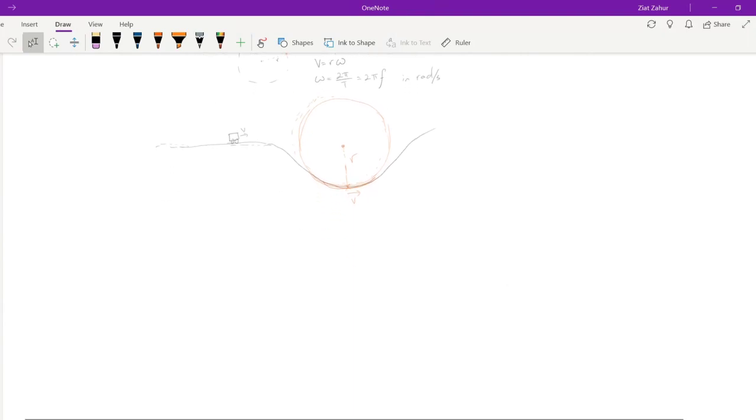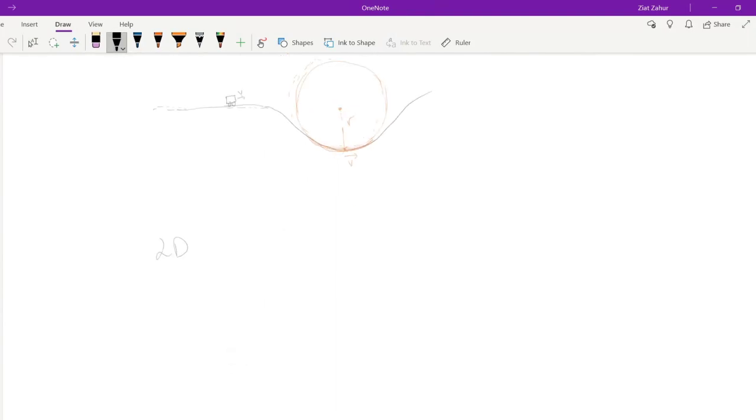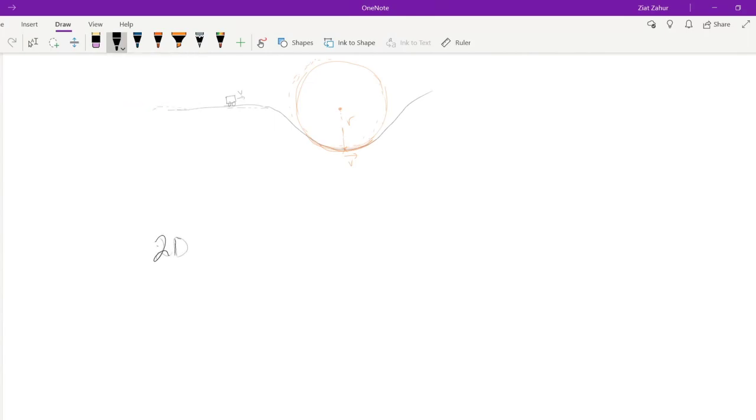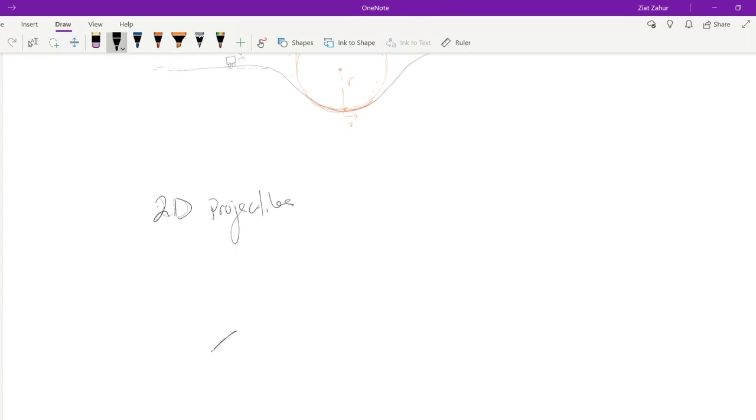Furthermore, in 2D kinematics, 2D projectiles, so if you shoot something at an angle, remember we can use the range equation and all that good stuff. It's a nice parabola.